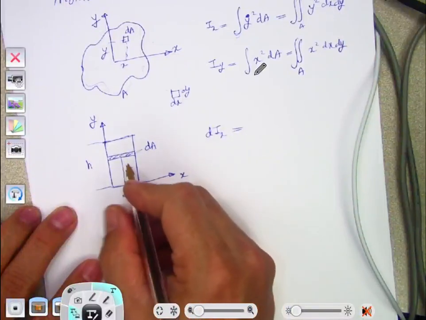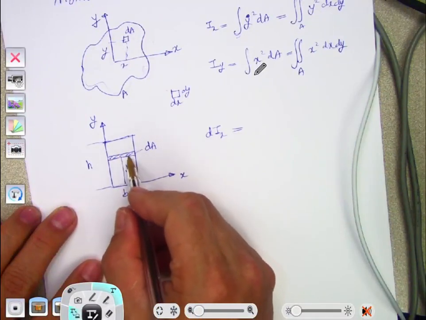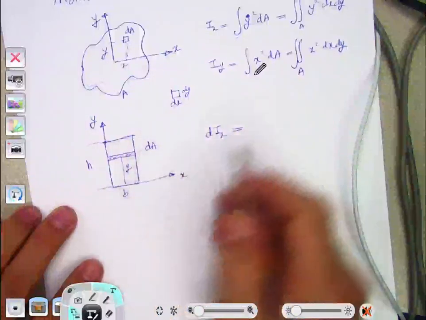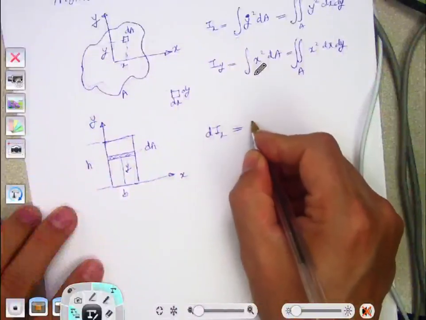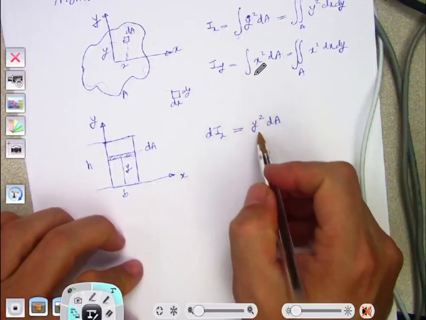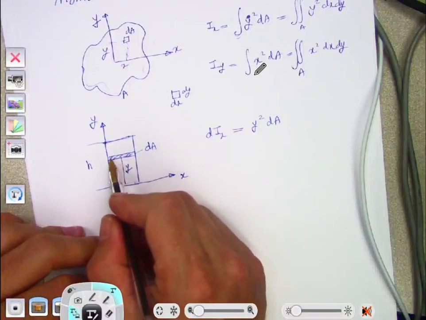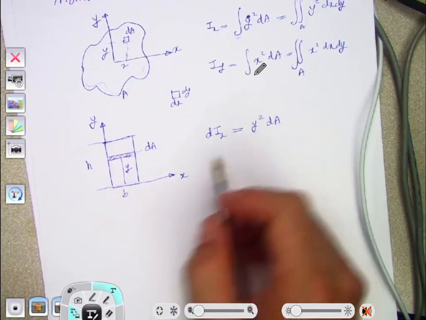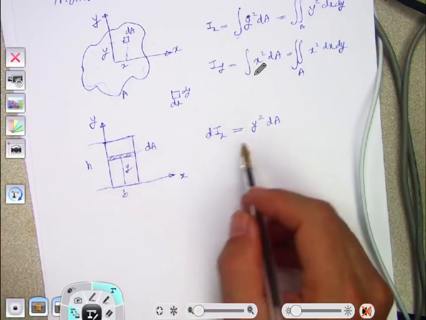Everything on that shaded element has the same distance y from the x-axis, so by definition I can find dIx equal to y squared dA. So dIx, the differential moment of inertia about the x-axis for this differential element, is y squared dA.